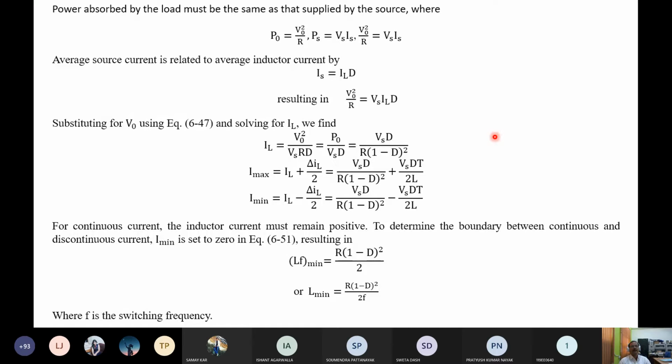V0 squared by R is equal to Vs IL D. Here you replace Is; Is is equal to ILD.